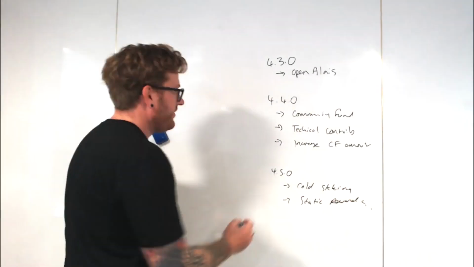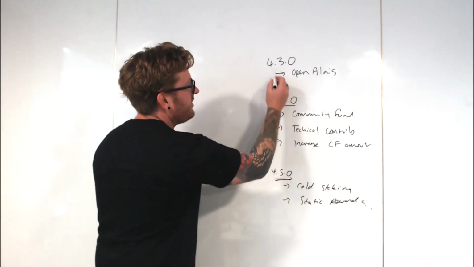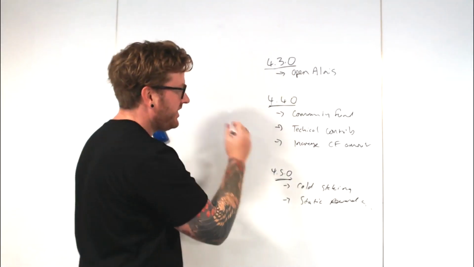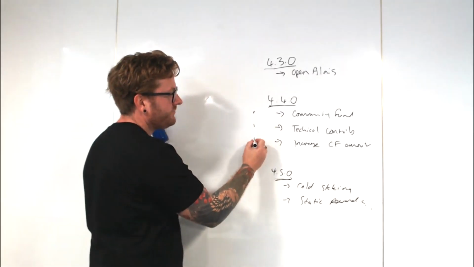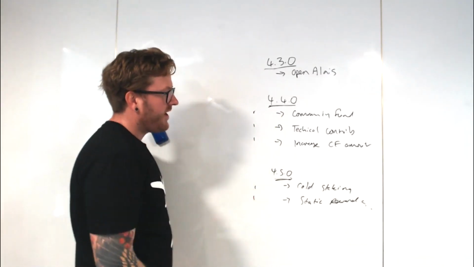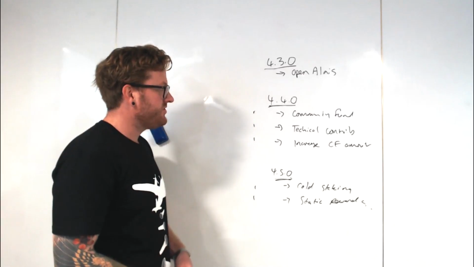So that's kind of the roadmap, and each of these are individual version bits, whatever they are, and they can be voted on individually.